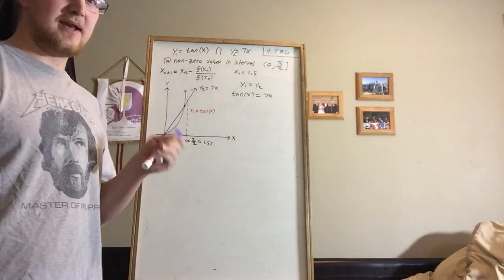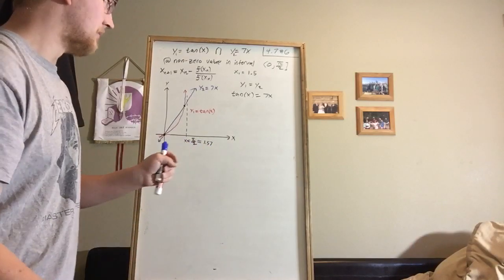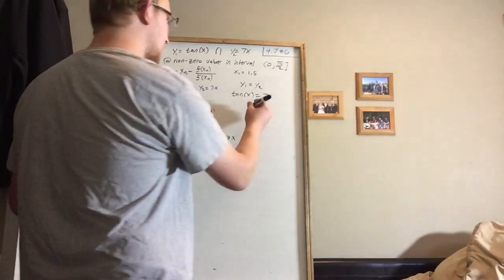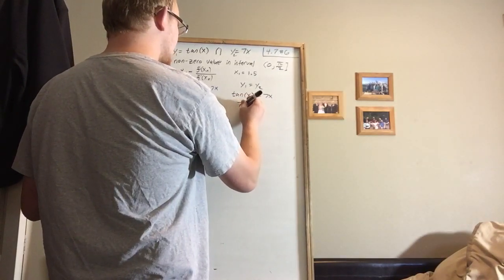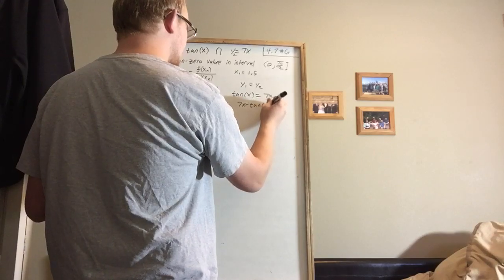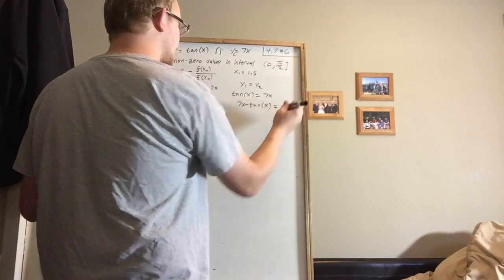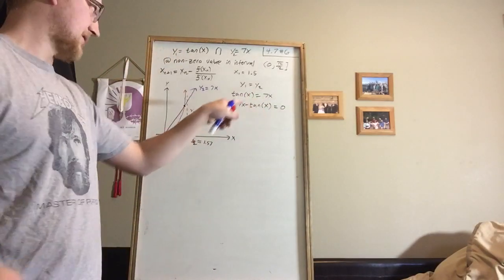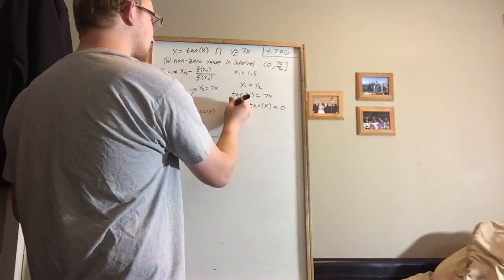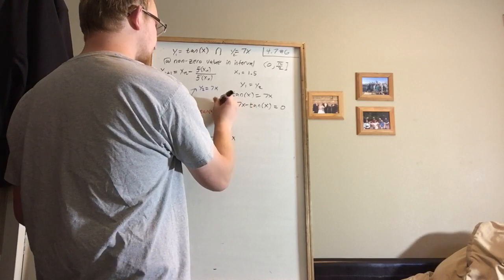We've now made a new function. What we can do now is subtract one of them over. So let's write 7x minus tan x equals 0, because we subtracted tan x over.